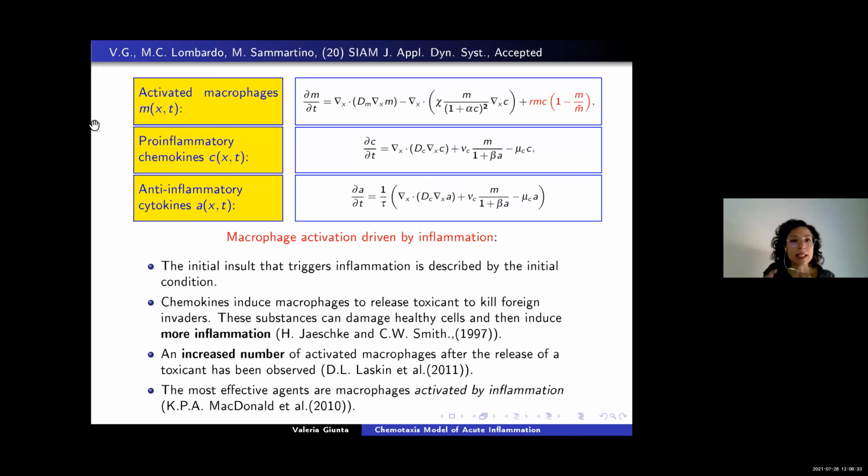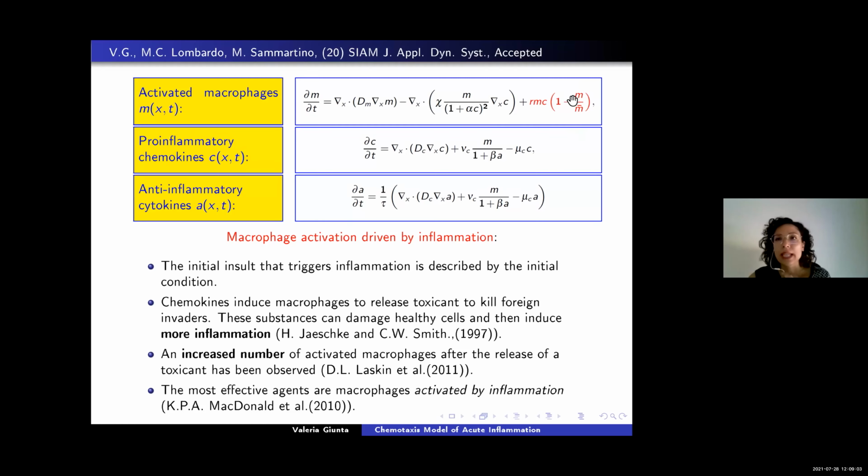Indeed, it has been observed that macrophages and pro-inflammatory chemokines work together to amplify the inflammatory response, for example, by inducing damages on healthy tissues. It is a very well-known phenomenon in biology, and for this reason, the activation of macrophages is proportional to the product between M and C.